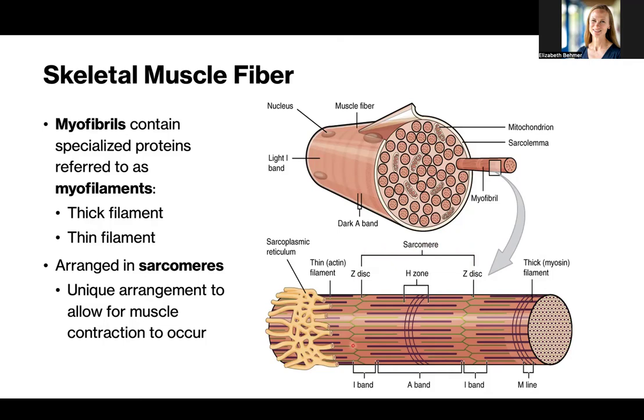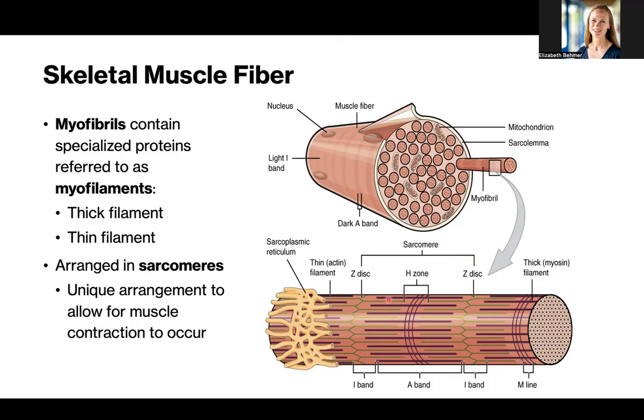It's bordered by Z discs, and the Z discs border one end of the sarcomere to the other end. Attached to the Z discs are the actin or thin filaments that are shown in this light green color. The thick filaments, the myosin, are the thicker protein myofilaments.